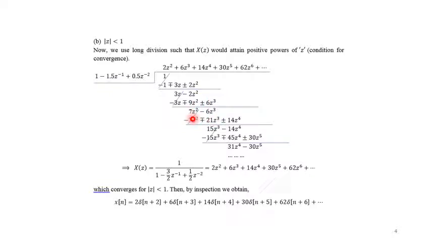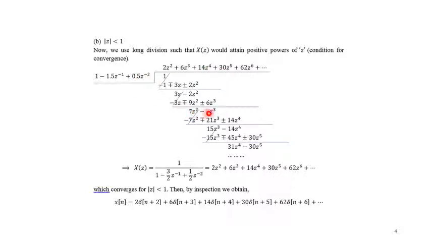Again, now we have 7z square. What should I multiply with this one to get 7z square? If I multiply with 14, 0.5 into 14 will result in 7, and then it has z power minus 2, so because I need z power plus 2, if I multiply with z power 4, then I'll get this.